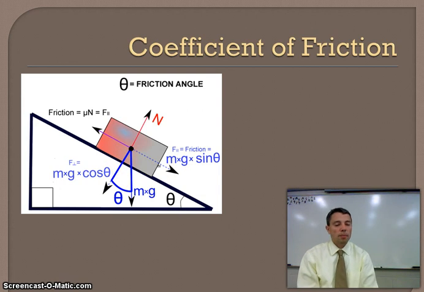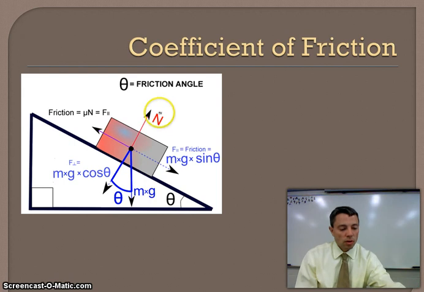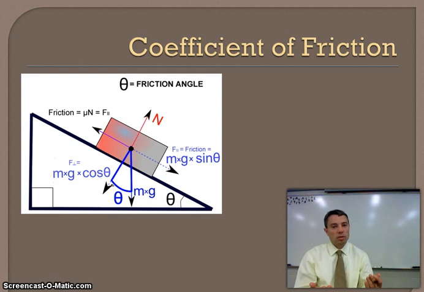When we look at balancing this out, we want to talk about it in terms of having the velocity be constant. That means the net force is equal to 0. So in other words, my normal force is equal to my perpendicular force, because I'm not moving my box one way or another.